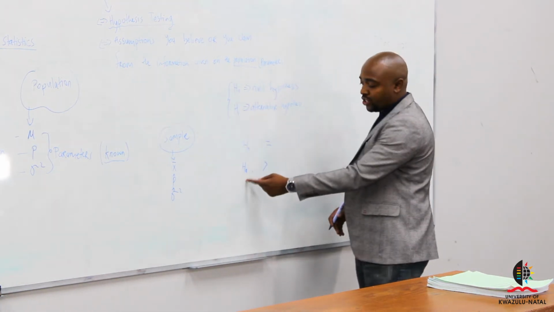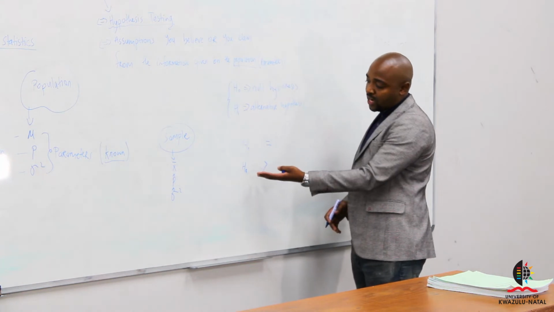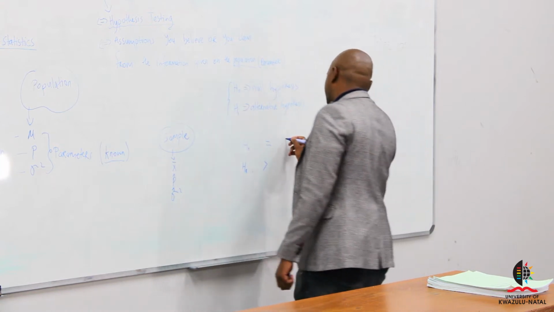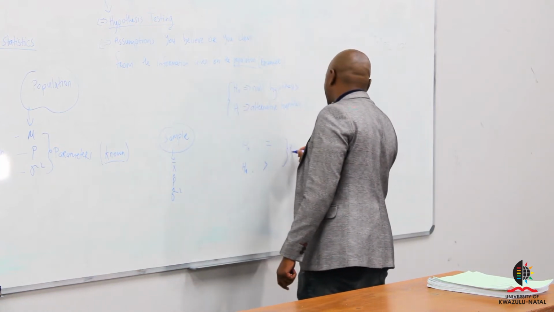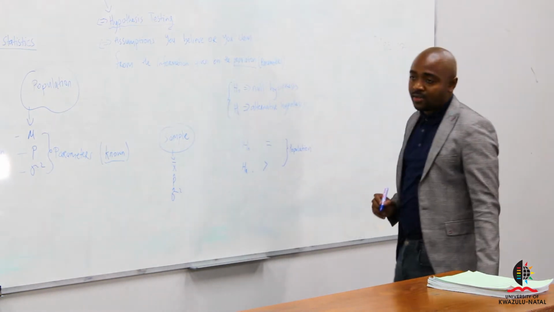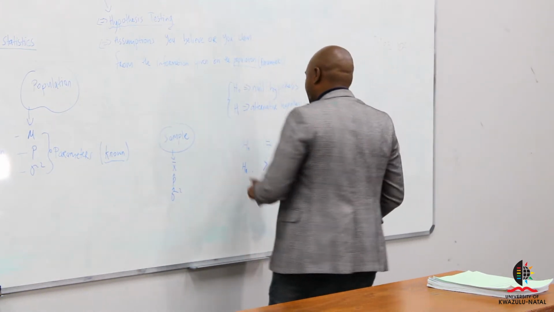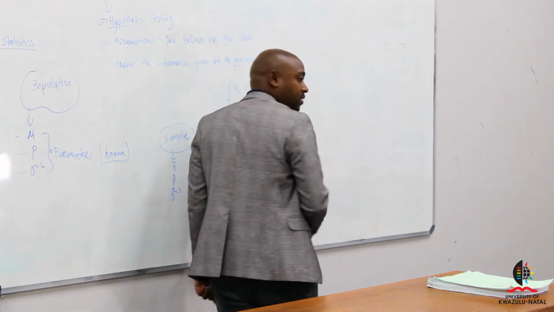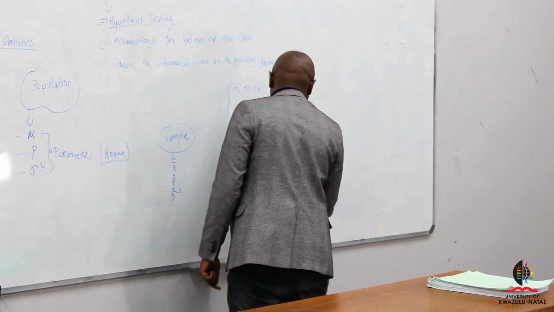Then your HA will be greater than. Remember, this information is taken from the population. Your alternative is either greater than, less than, or not equals to.